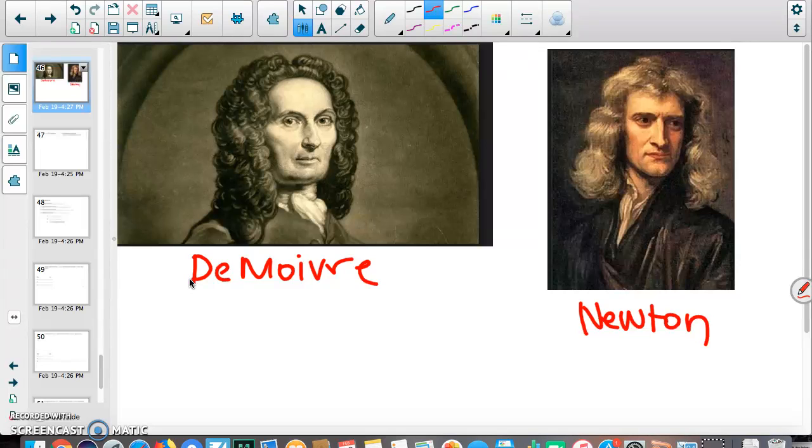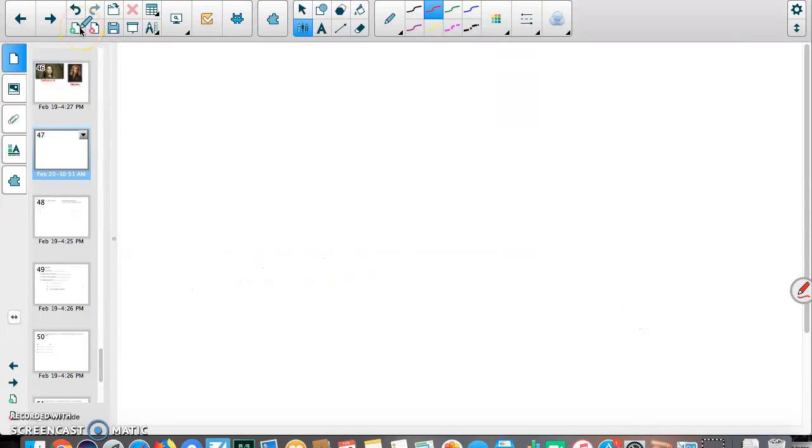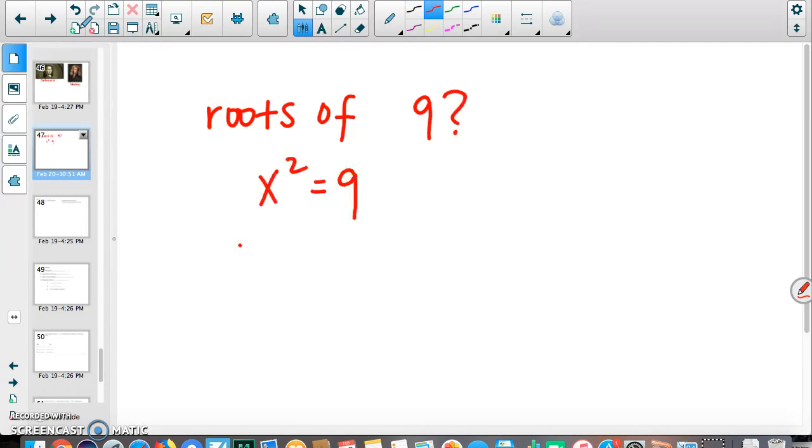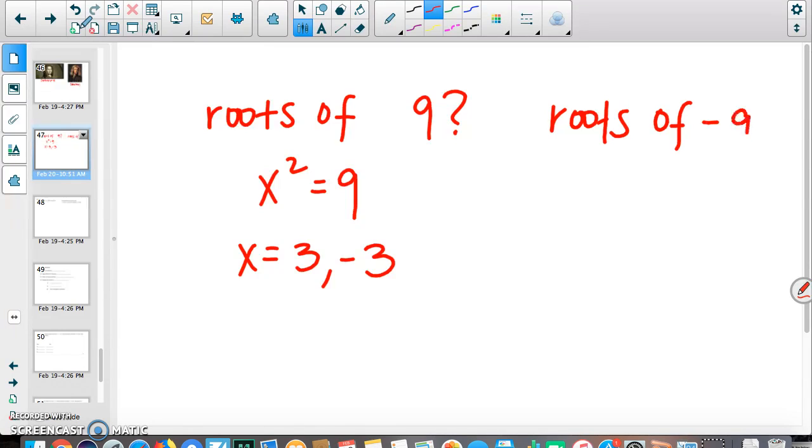Today we are working on complex roots. What does that word root mean? You might think of a square root, right? So like, what are the roots of, let's say, 9? Wouldn't they be 3 and -3? What about the square roots of -9?